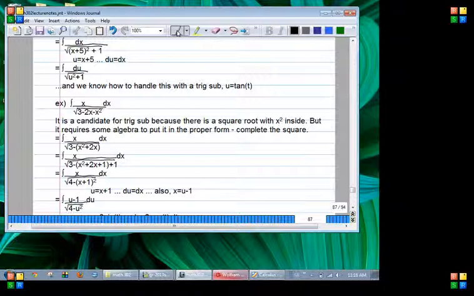Then we also need to replace the x on top. But that we can do because this is such a simple u sub. u equals x plus 1, well x is just u minus 1. So you replace that on top, and then dx is replaced by du. So now we have this integral. Now how do you do this integral?